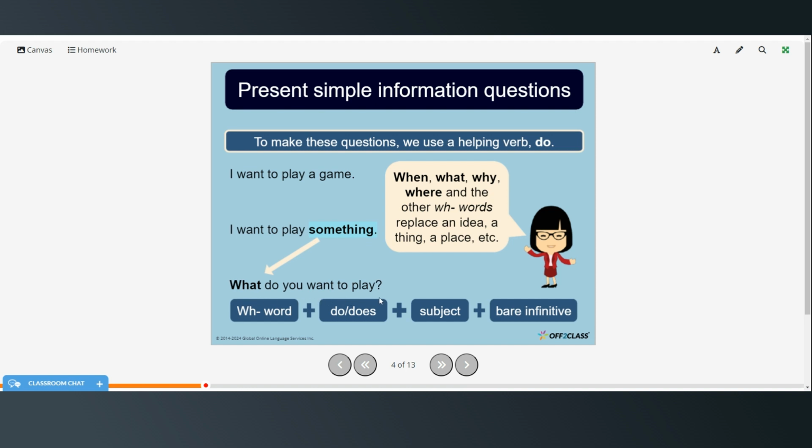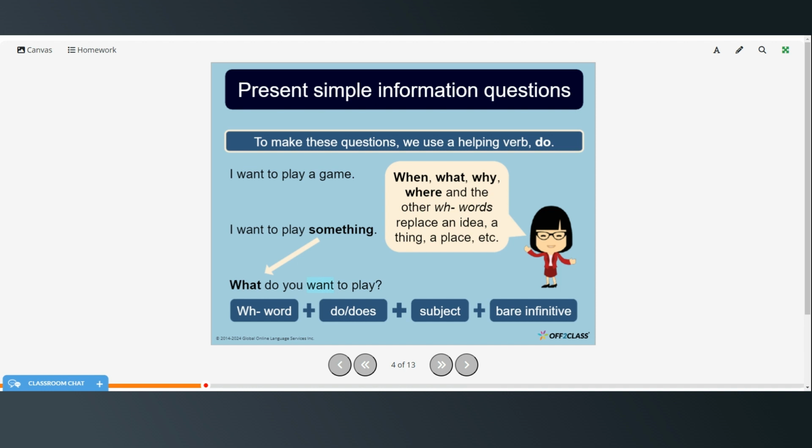what do you want to play? So the sentence structure is the WH word, the what, the doer does, do, the subject, you, and what we call the bare infinitive, so want. Now, bare infinitive is just the basic form of the verb with no ending.